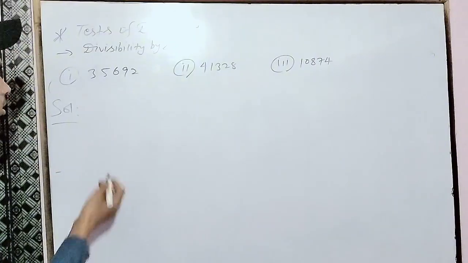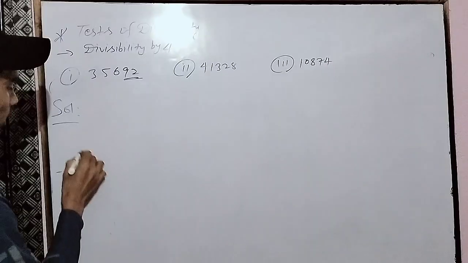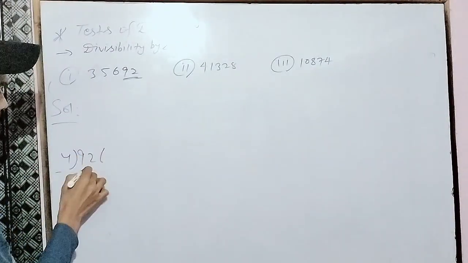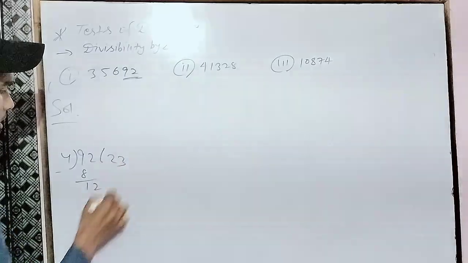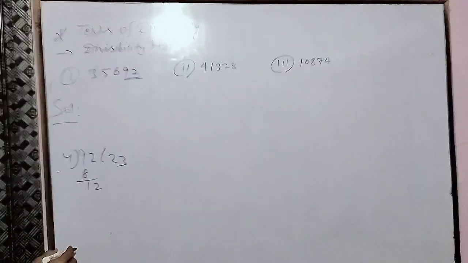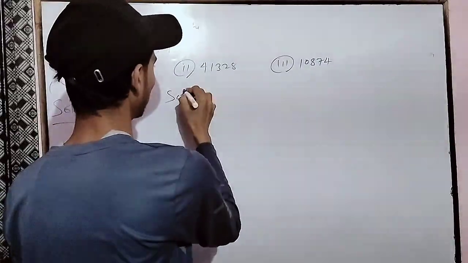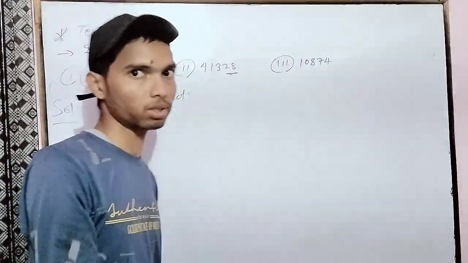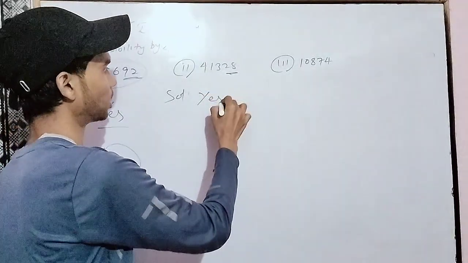How to check? Just take the last two digits. 12, 4 threes are 12, yes, this is divisible by 4. This one, because these two digits together are divisible by 4, that's why this whole number is divisible. Here 28, 4 sevens are 28, yes, this is divisible.